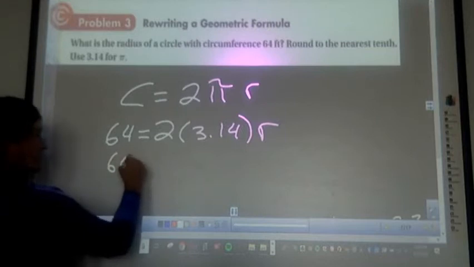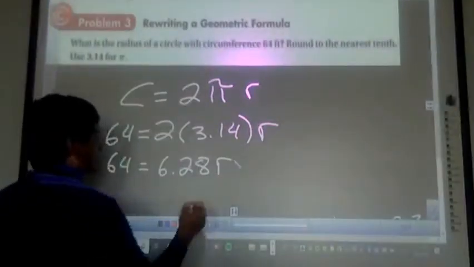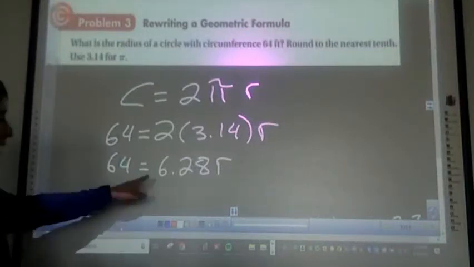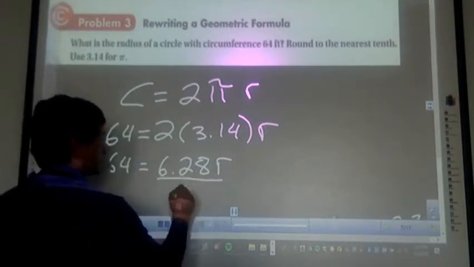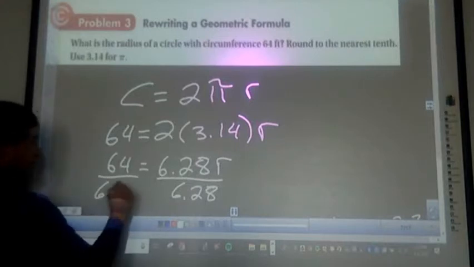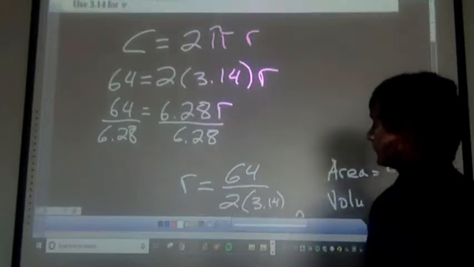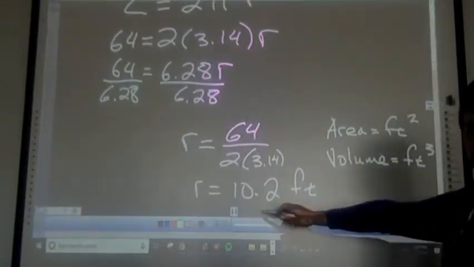So we get 64 equals 6.28 times the radius. And then I'm just going to divide out that 6.28. And when I do that, I get 10.2.